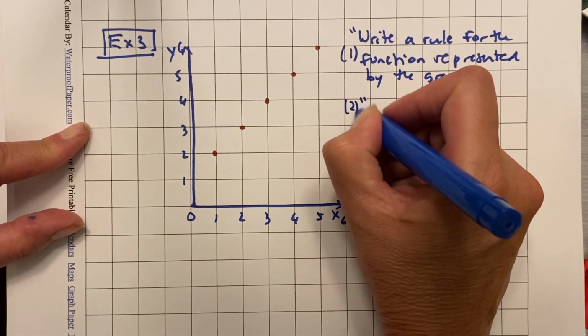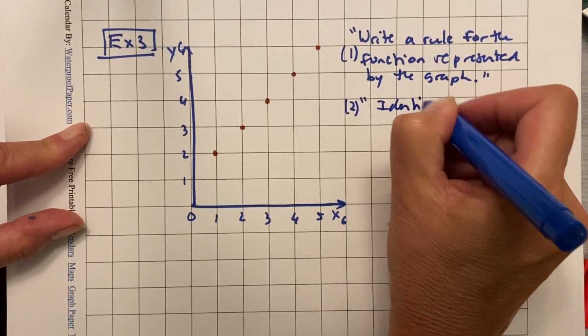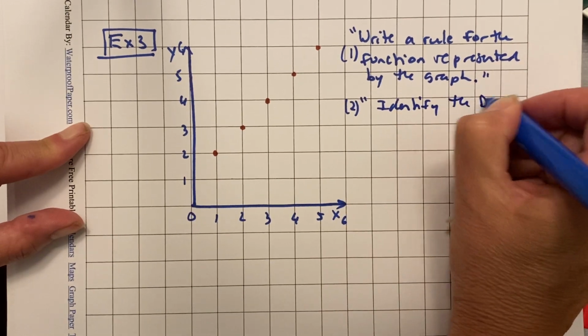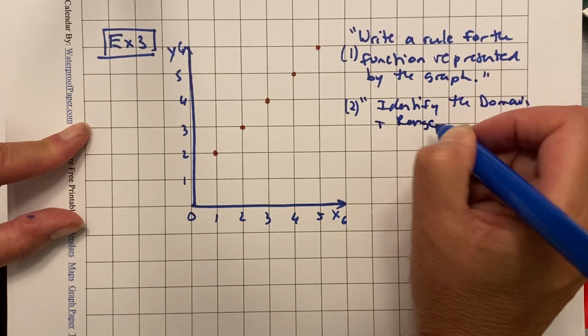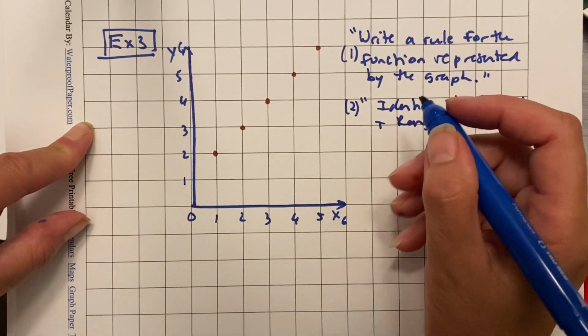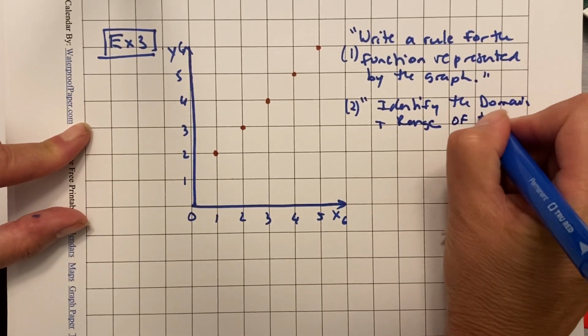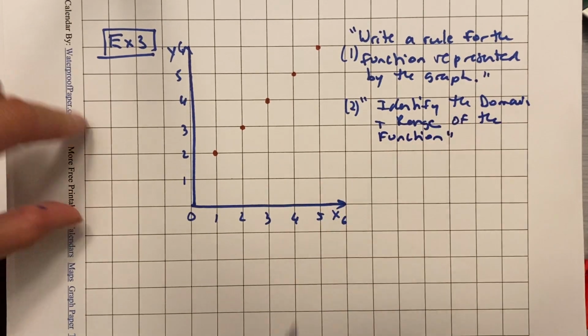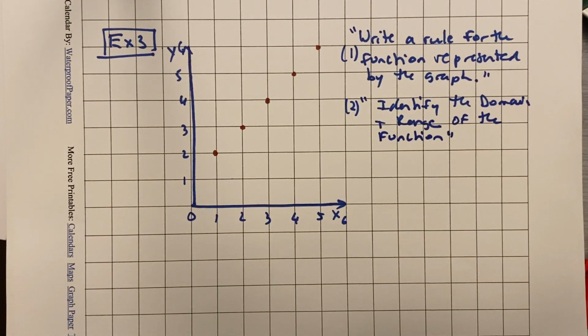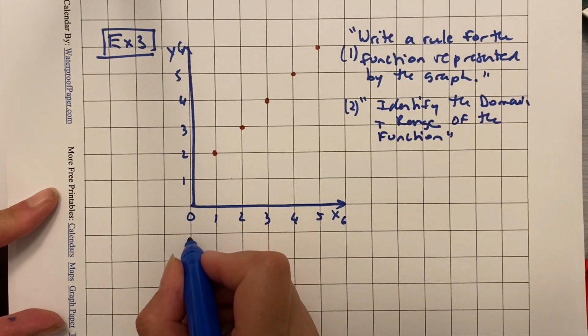Identify the domain and range of the function. Okay. So what is my rule? Well, to do my rule, I'm going to first do a table. So here's my table.